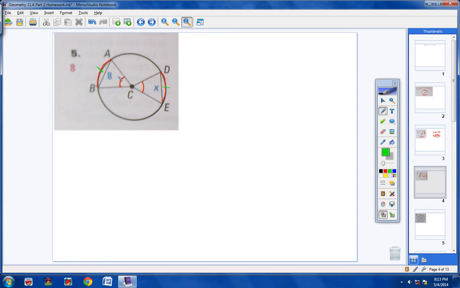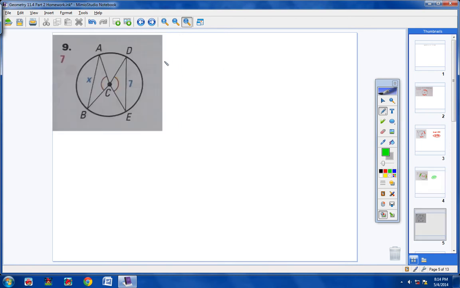Now we've learned that when two minor arcs are congruent, their corresponding chords are congruent. So chord or segment AB is congruent to chord or segment DE. So if this segment is 8, then this segment here, x, has to be 8. So x equals 8. Okay, moving on to number 9.